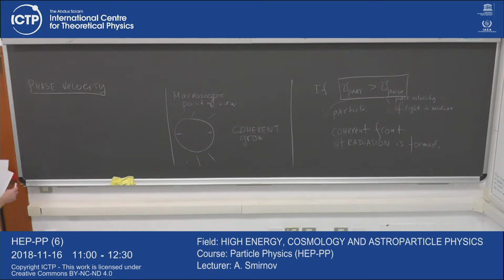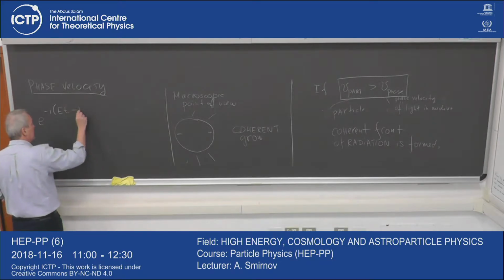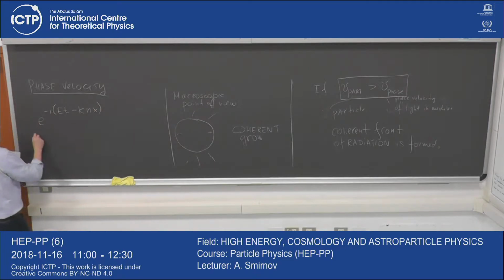So let us consider a plane wave in a medium. If you have a plane wave or light propagating in a medium, it is described by an exponent, Et minus knx, where n is the refractive index.